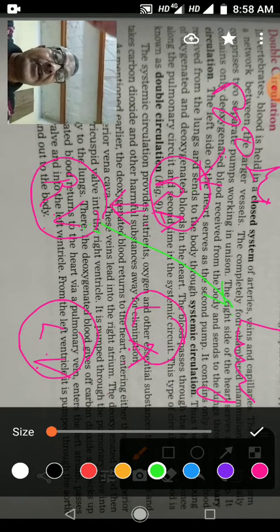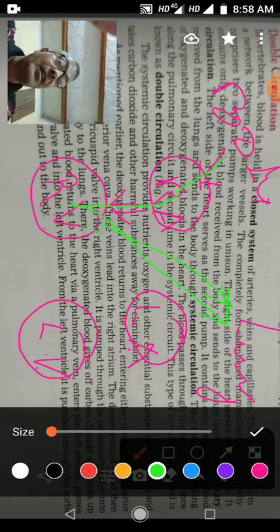So this circulation is called pulmonary circulation: circulation of blood from the body to the right auricle, to the right ventricle, and right ventricle to lung. In the lung, blood is oxygenated.